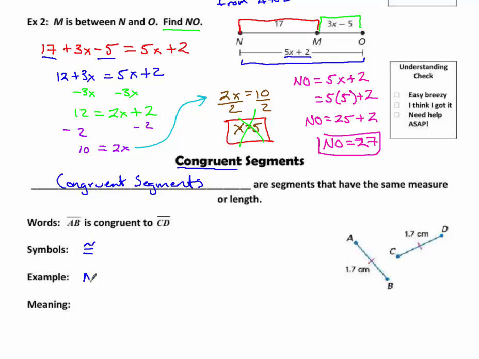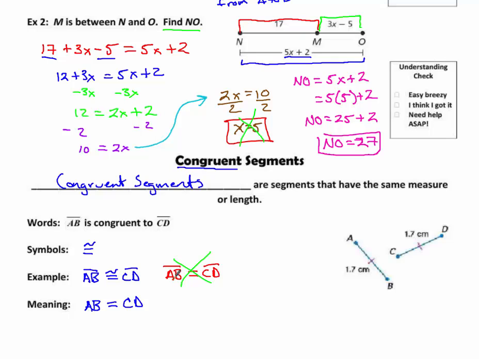And what we would write is segment AB is congruent to segment CD. What that means is the distance from A to B is equal to the distance from C to D. And just to get it in your brain now, writing this is no good.